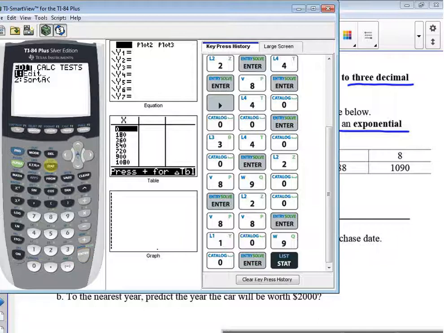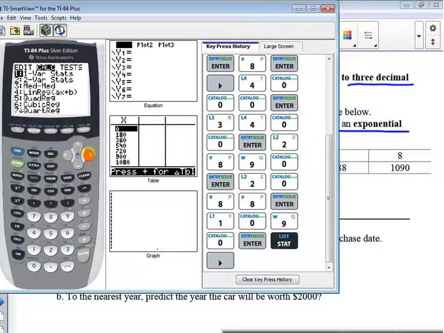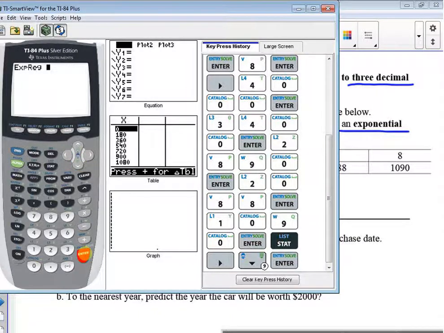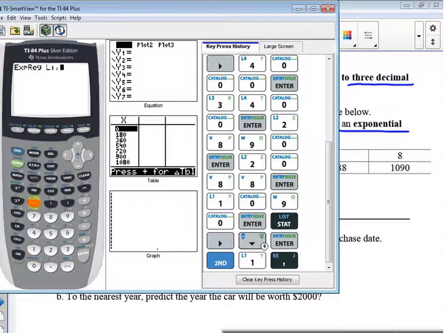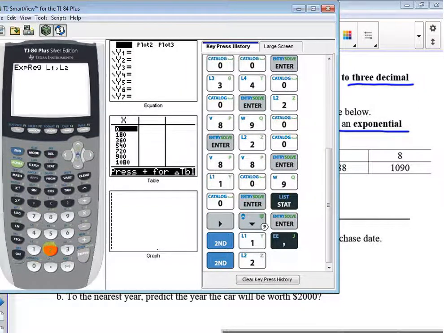So let's get our equation first. So we'll go to Stat, Calc, and you need to find exp reg. They told you in the question to do exponential reg, so I believe that it is 0. We've already done exp reg in an earlier chapter. You need to tell it L1, comma, L2, or if you have the other one, you need to put that L1, comma, L2 into your X list, Y list.